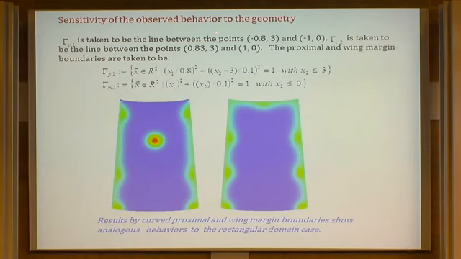This is a function to generate not a rectangular but a somewhat deformed geometry from a rectangular one. But the results are almost the same as in the case of rectangular geometry.